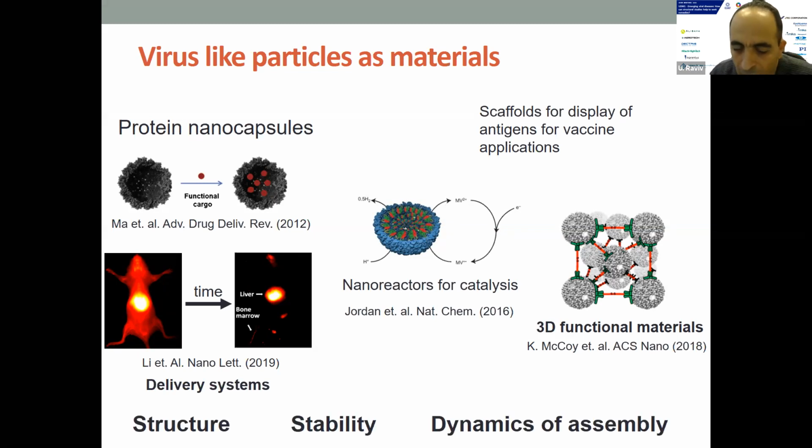In all of these cases, there is an interest in the structure, the stability, and the dynamics of the assembly process.